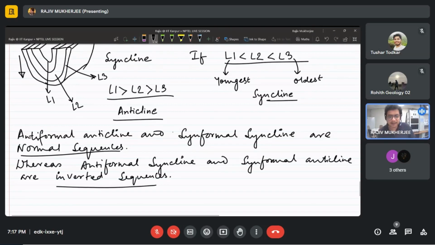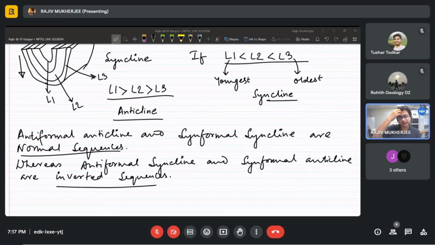Right. So if I ask you in which of these following cases you would likely have these inverted cross bedding structures, then what would be the answer? Antiformal syncline and synformal anticline. Exactly.